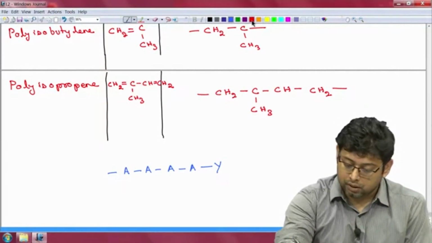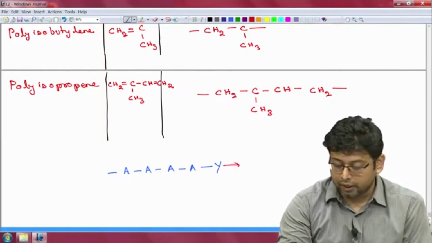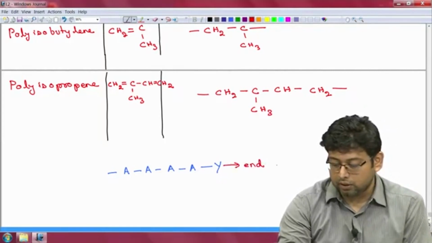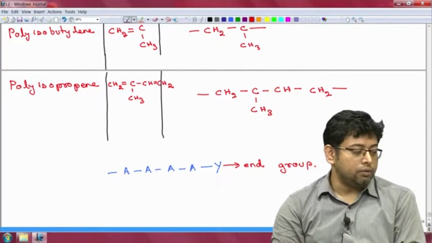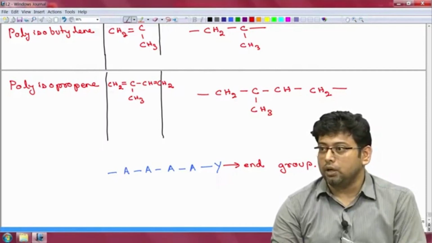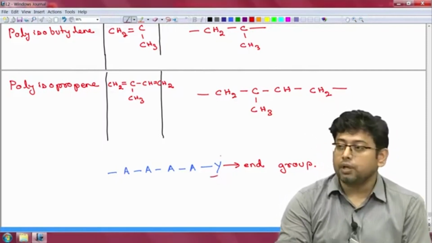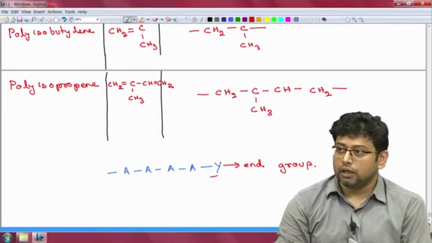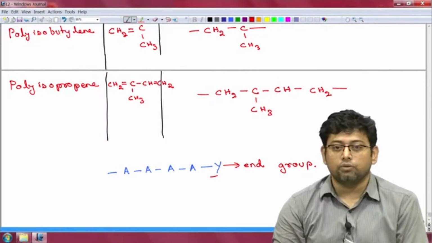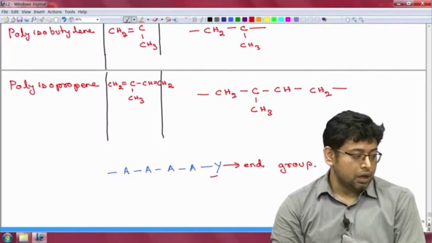These end groups are usually different from the repeating unit. In polymers where chains terminate, special groups can be found, and these end groups can be very important in determining, let us say, the overall charge and other properties of the polymer molecule.